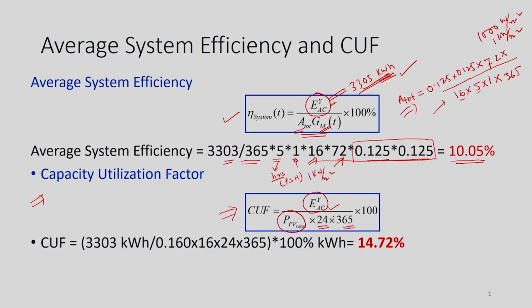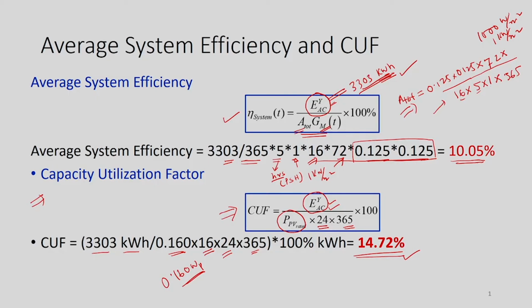If we substitute these values, like 3303 kilowatt hour, and 160 watt peak rated power, which in kilo is 0.160, then 16 modules, 24 hours, 365 days, it comes around 14.72, which is the value close to the recommended for India.